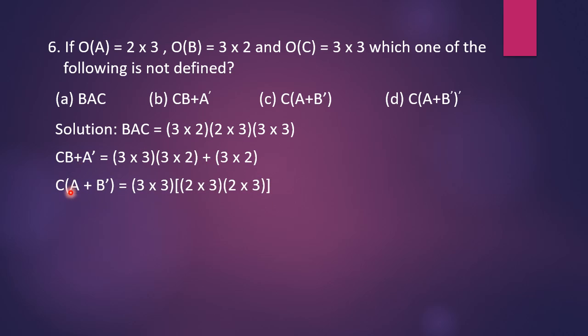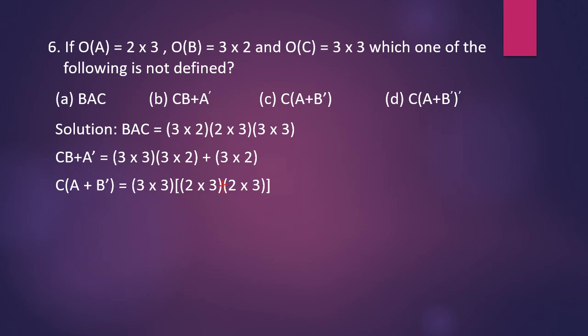Third one. First we have to add these two matrices because these two are present in the bracket here. So first simplify the bracket. After that multiply with the matrix C. That means first we have to check the order here. So to check the order we have to add these two matrices. If I add these two matrices, then addition exists here.